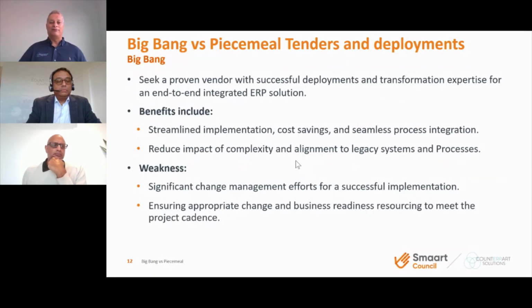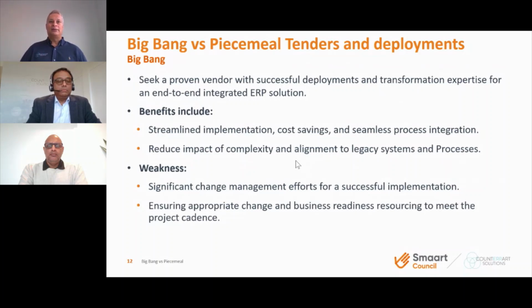All you can do is configure, or what I'll term localize, that solution to your business. The benefits are that you get a streamlined implementation because it's already pre-built that way, and there are cost savings, and the process integration is seamless because the system talks to itself, so it's all end-to-end and integrated.